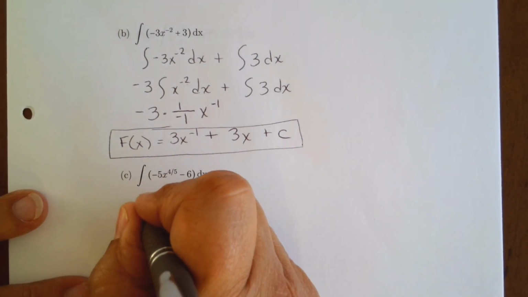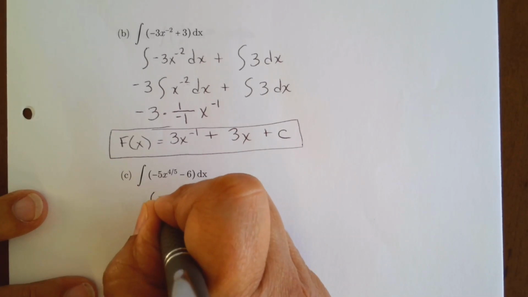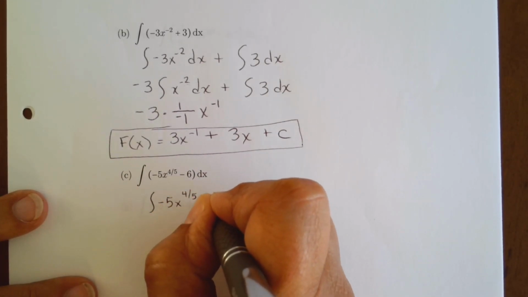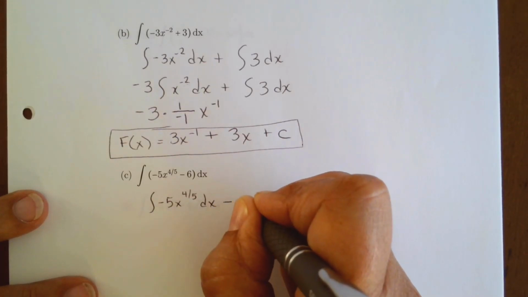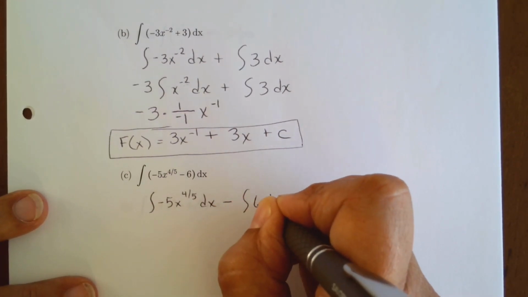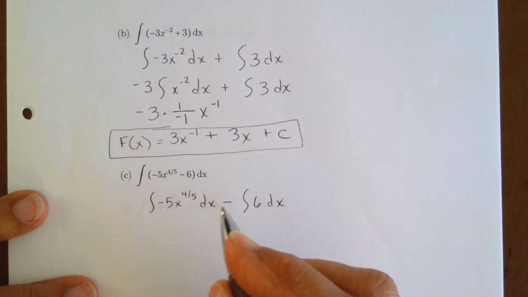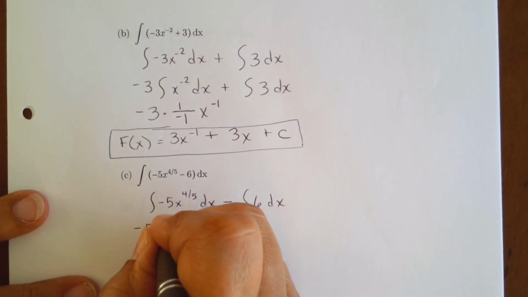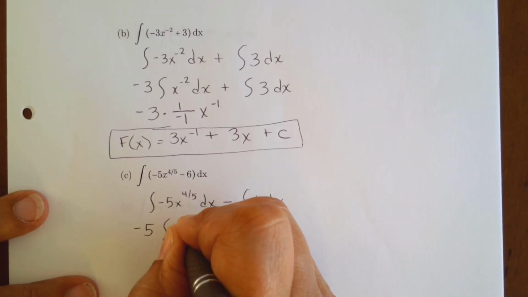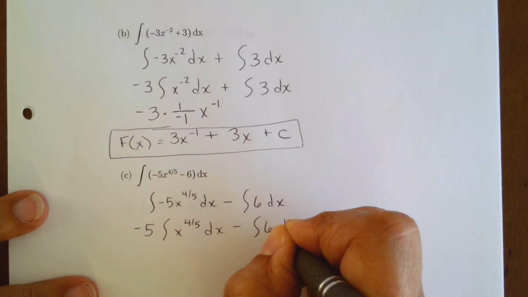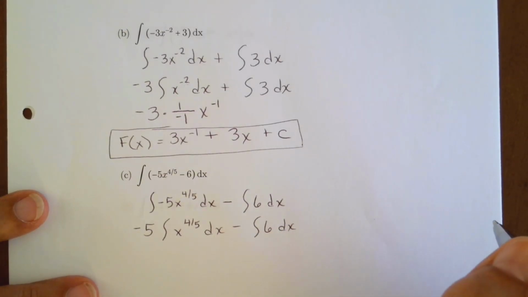All right, so C, we've got the integral of negative 5x to the 4/5 dx, and then minus the integral of 6 dx. Okay. All right, so we're going to use that same rule. So we're going to bring that negative 5 out and just integrate x to the 4/5. And then this stays the way it is. All right.